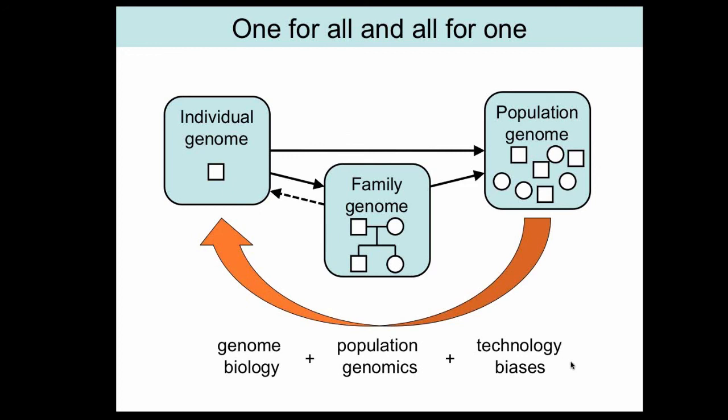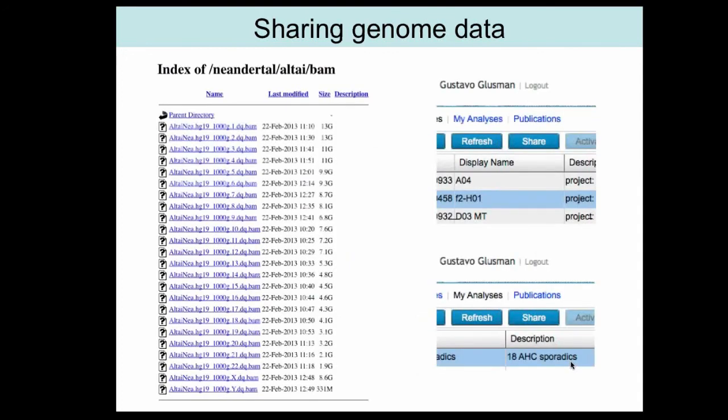So I want to make one last point here about sharing information. So, for example, very recently, not to pick on that particular project, the Neanderthal genome was released, and information was provided for the entire genome, all the reads.